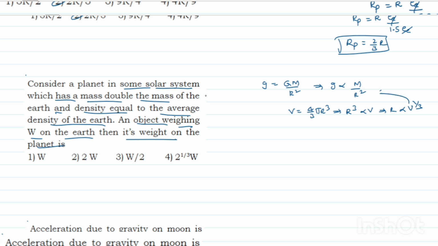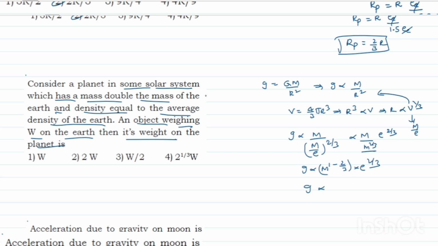Now substitute this in the equation. g is directly proportional to M by radius, and radius is volume power 1 by 3, and volume is mass by density, so mass by density whole power 1 by 3 in the radius. That gives M by M power 2 by 3 into rho power 2 by 3, which is M power 1 minus 2 by 3 into rho power 2 by 3.